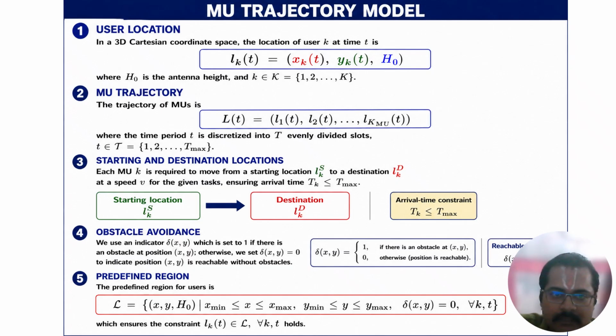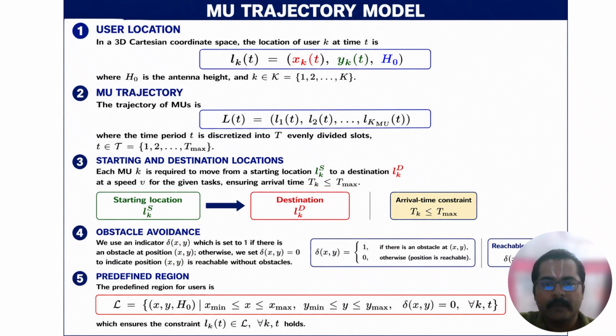The time period is discretized into T evenly divided slots. T_max is the maximum time taken by a mobile user. Okay, the starting and destination locations: each MU is required to move from a starting location to a destination, in a curved path.